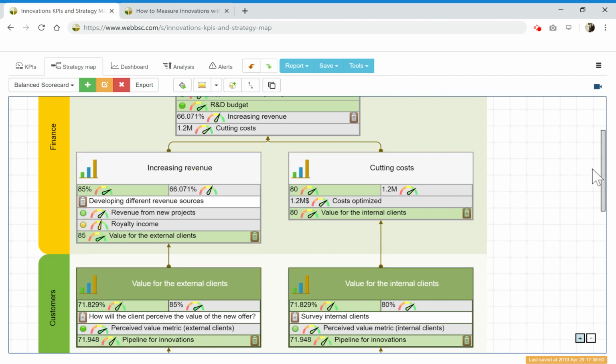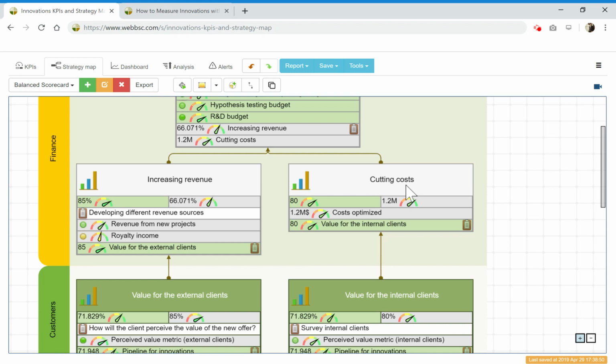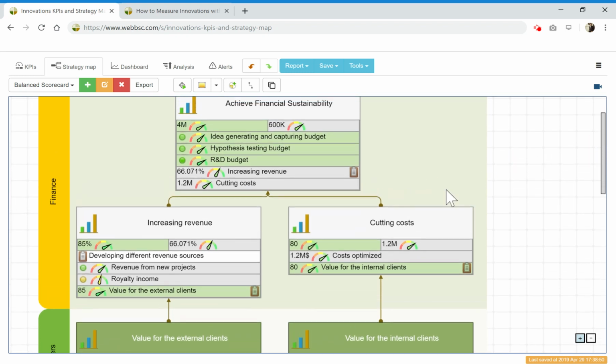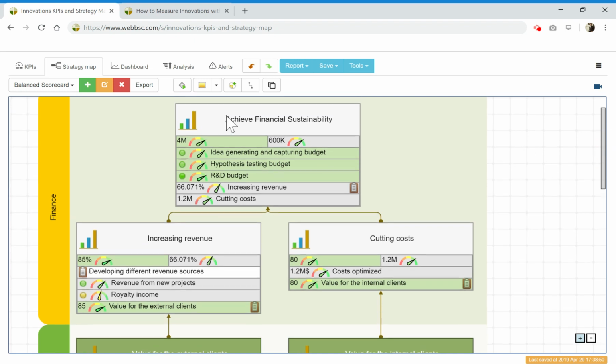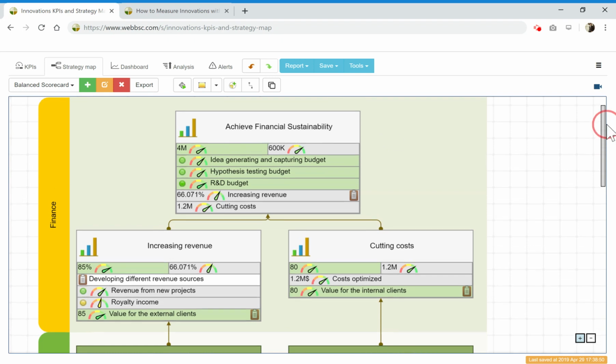Another goal that we have here is cutting costs. So the lagging metric in this case is cost optimized, and the leading one, again, it comes from the level below. And when these goals are contributing to the goal that we have here and help us to validate our financial sustainable strategy in terms of finance.